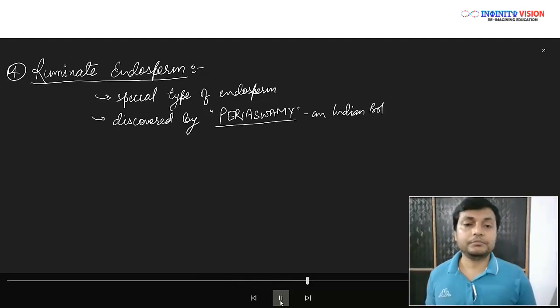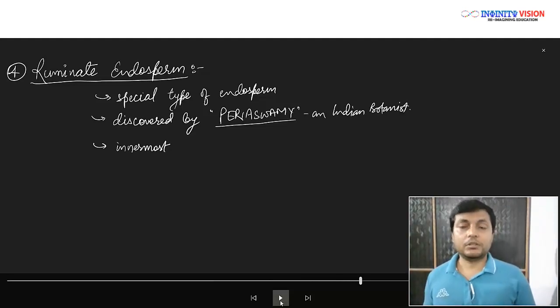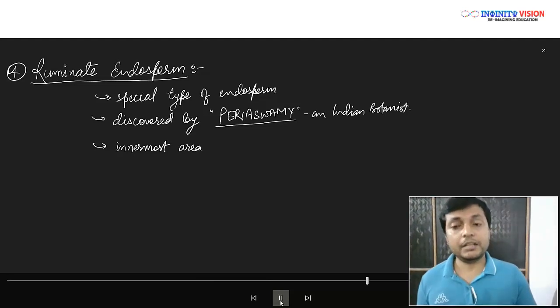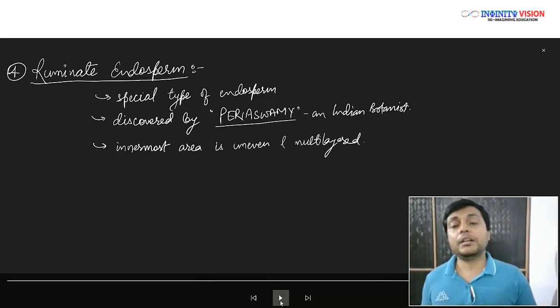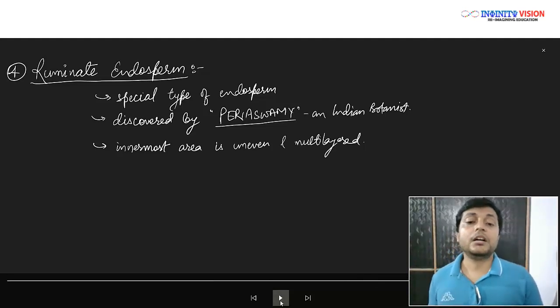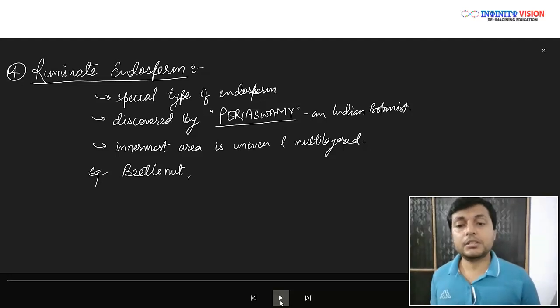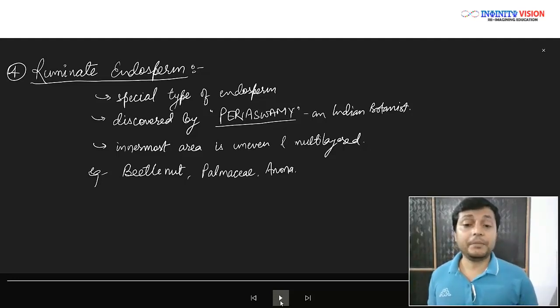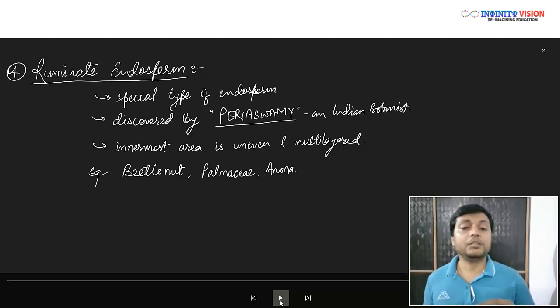The innermost area in such an endosperm, or in such a seed, is uneven and multi-layered. Where is it found? It is found in betel nut, which you call supari in Hindi, and it is found in the family Palmaceae, the family of palms.